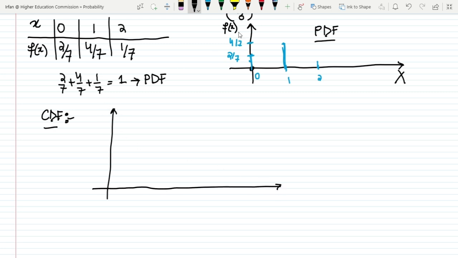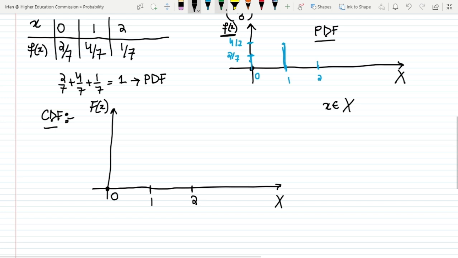If the PDF is represented by small f of x, the CDF is represented by capital F of x, but the domain of it will remain the same. This is x, and all small x are members of this capital X, which is the random variable. Here I have different values which are 0, 1 and 2.